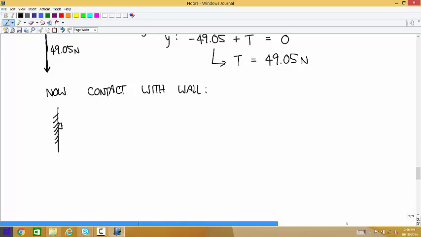So the force that the cable applies to the wall is out of the stump. Do we know what the magnitude of that force is? It's T because all this cable's doing, in the middle, is touching pulleys, and that doesn't change the tension. So we know that this is still T, and we know that T now is equal to 49.05.